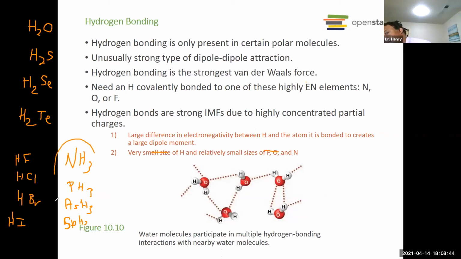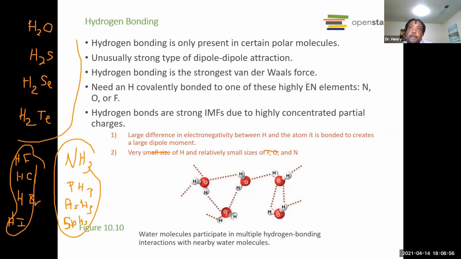Okay, so we have this group, this group, this group. We have these three groups. What I'd like you guys to do is give me the one that would have the highest melting temperature, the highest boiling point, for all of these in their groups.